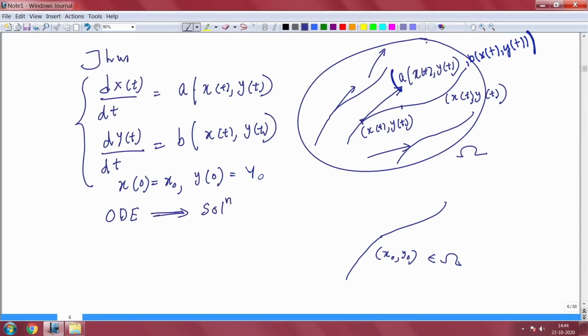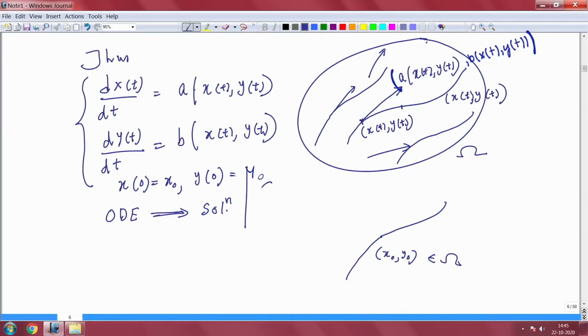Let me not get into that. You learn in your ODE course what the conditions on a and b are so that there is a local solution. That means, when you have a local solution, through every point of your domain omega there is a curve, so you can fill your region. You fill it up like that, and these are called the characteristic curves.